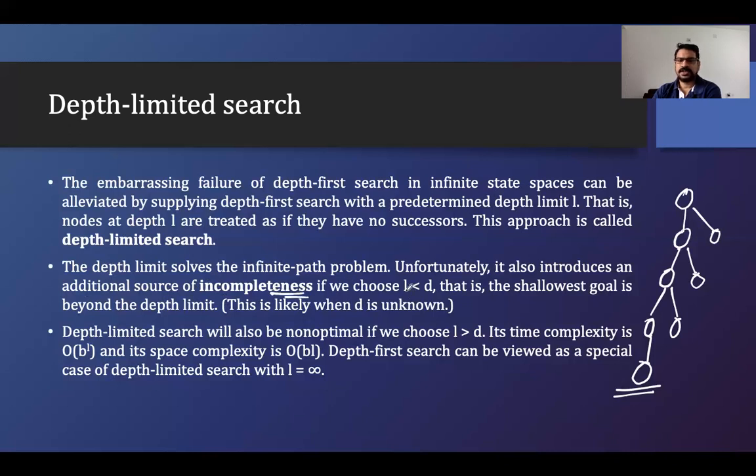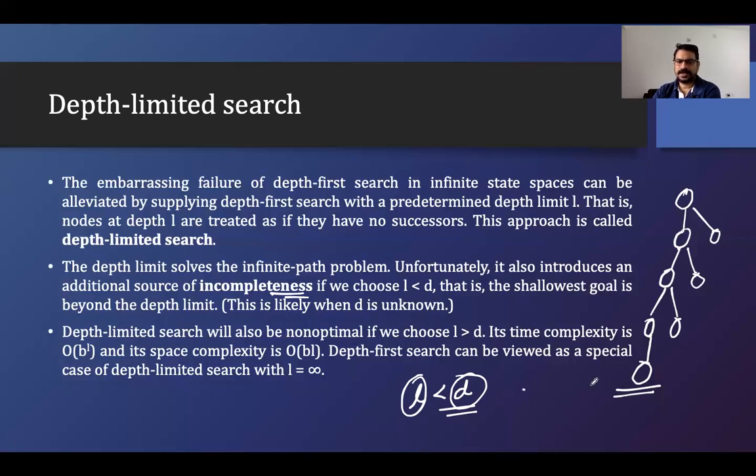If we choose the limit L which is less than the actual depth d, that is, the shallowest goal is beyond the depth limit. This is likely when d is unknown. If d is unknown, we have taken some L, but if d is known, then there is no meaning in taking L. Depth limit search will also be non-optimal if we choose L which is greater than d.